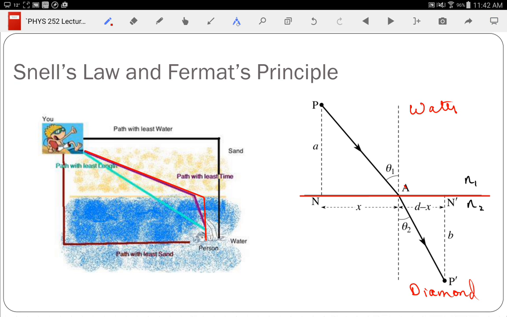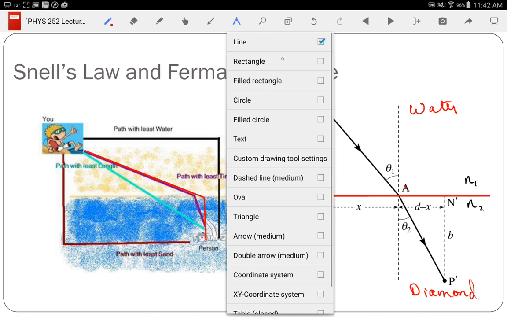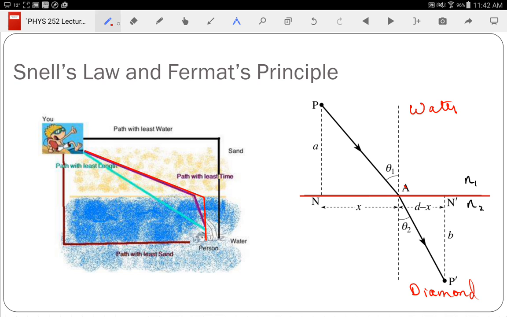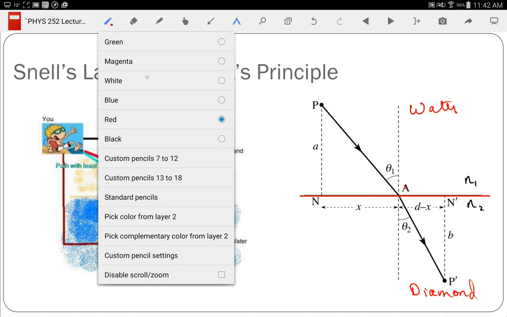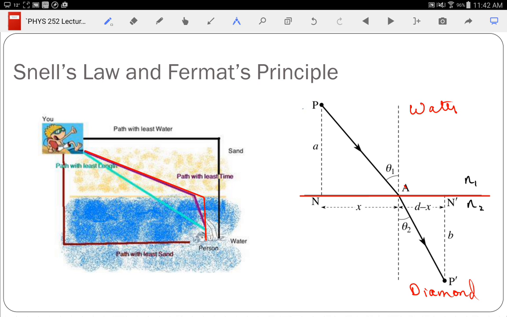I am going to quickly rename a bunch of things. I didn't think about renaming these when I renamed the indices of refraction. Whoops.